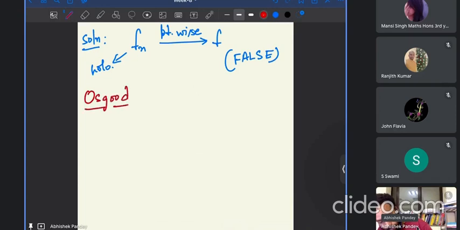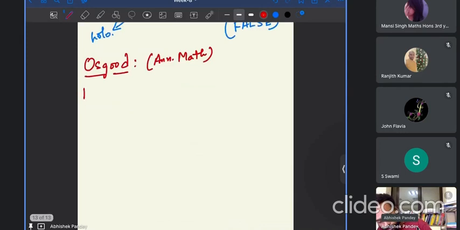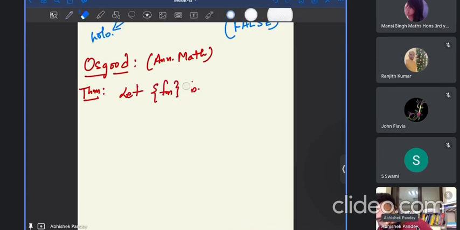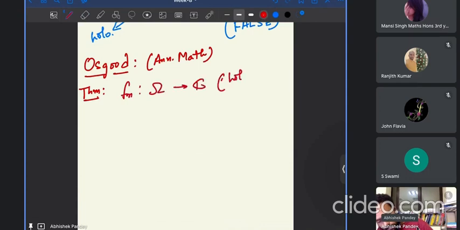This is just for your knowledge. So let fn be functions from omega to C, all holomorphic functions.